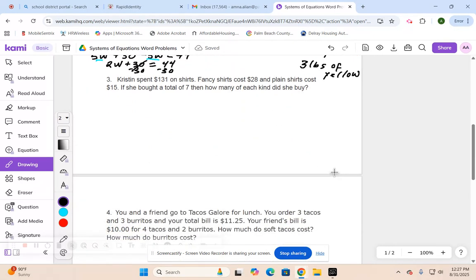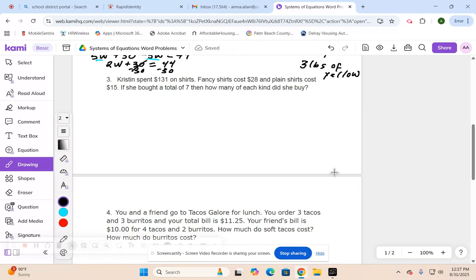Kristen spent $131 on shirts. Fancy shirts cost $28 and plain shirts cost $15. She bought a total of 7. How many of each kind did she buy? So again, in this problem, I can see that they gave us the amount function and the cost function.